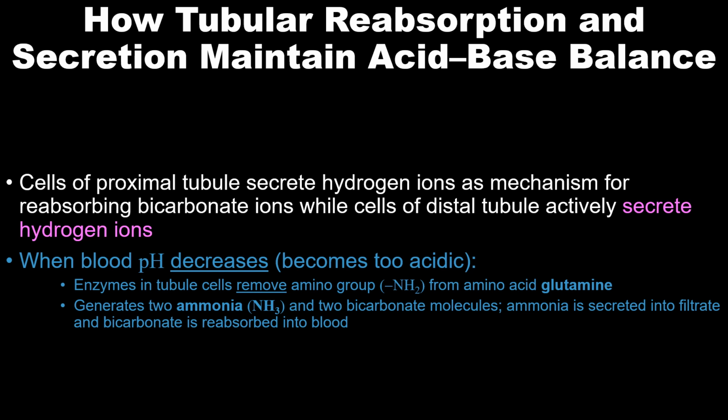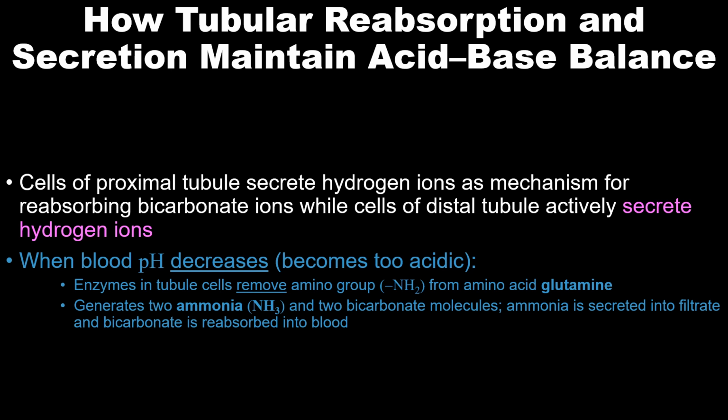Now, there is another mechanism. In the renal tubule cells, if the pH of the blood becomes abnormal, if it becomes too low, too acidic, enzymes in the tubule cells will remove an amino group from the amino acid glutamine in the cytosol. What this does is it generates two ammonia molecules and two bicarbonate ions.